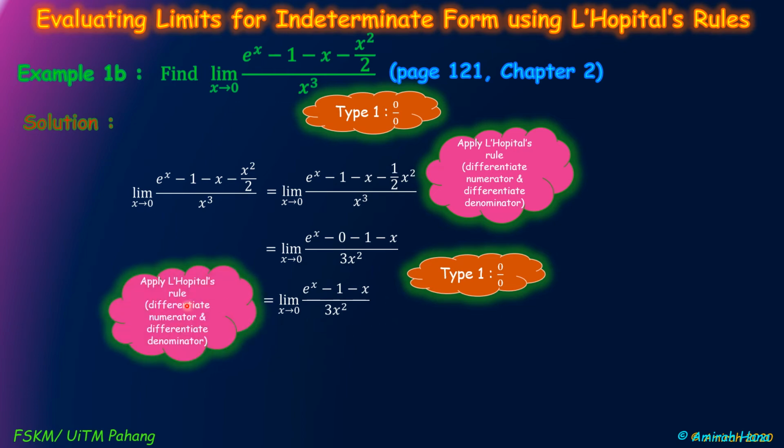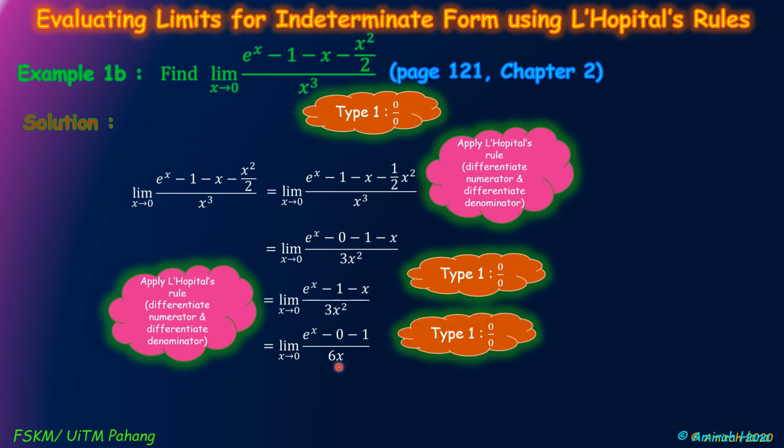Now we apply L'Hopital's rule: we differentiate numerator and denominator. After we differentiate the numerator, we have e to the x minus 0 and then minus 1, and when we differentiate the denominator, we have 6x. Then we try direct substitution.